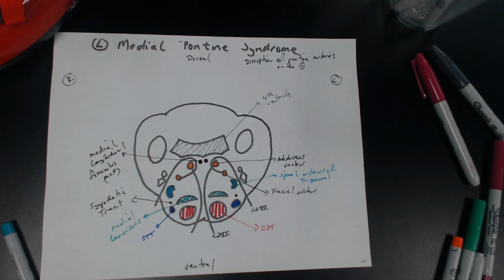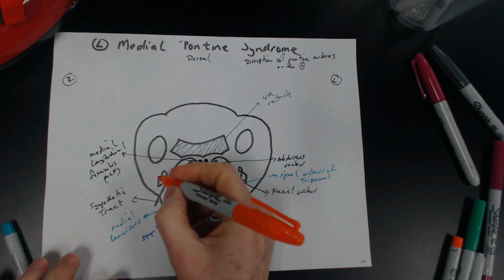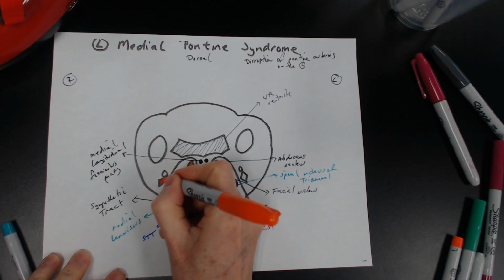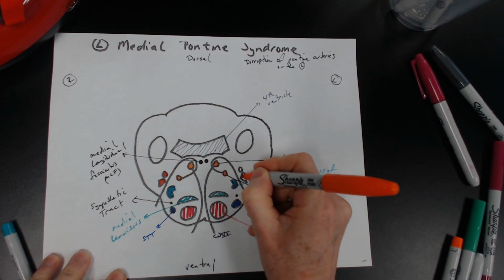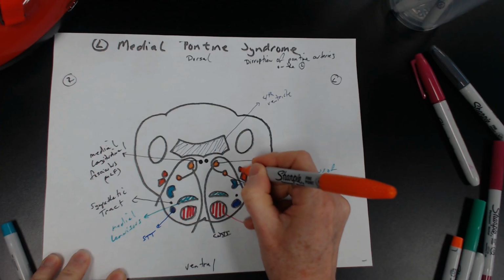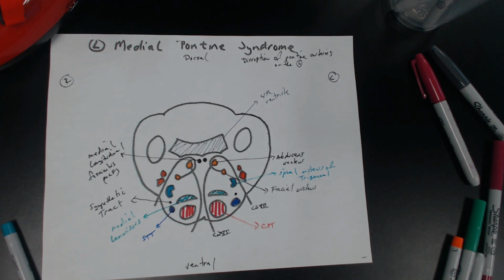There's a little nucleus that I've been representing as a kite for the entire semester, and its associated nucleus. The kite's going to be your vestibular nucleus, and that little circle that's associated with it is your cochlear nucleus.